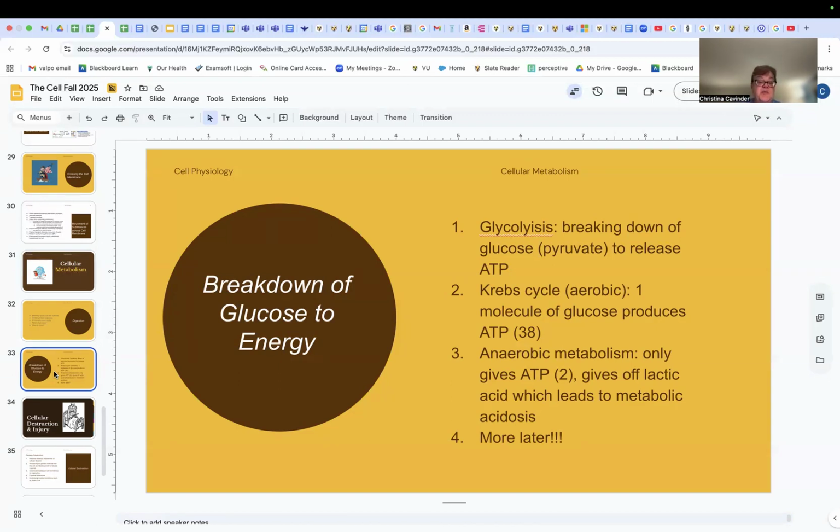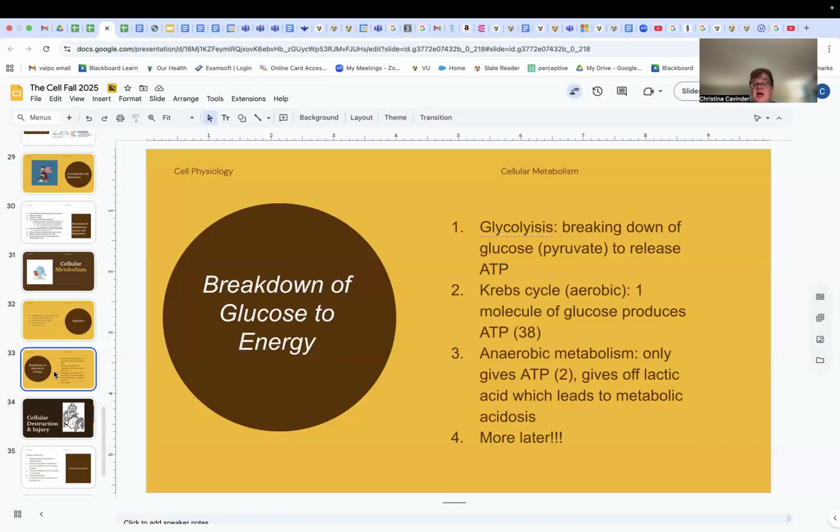I don't know if you remember that back when you took physiology, or even in high school, maybe you took some science courses and remember the Krebs cycle. No, I'm not going to make you memorize the Krebs cycle. It's got several stages to it. But the thing to remember about the Krebs cycle is it's aerobic, which means it needs air. You need oxygen. So one molecule of glucose going through the Krebs cycle, which is aerobic, gives you 38 ATP, and that is your ATP that you need for energy.